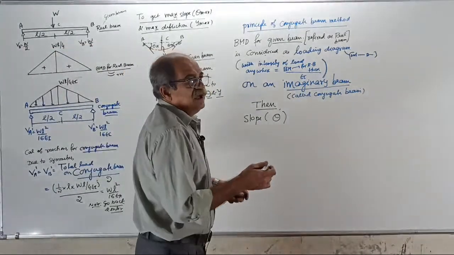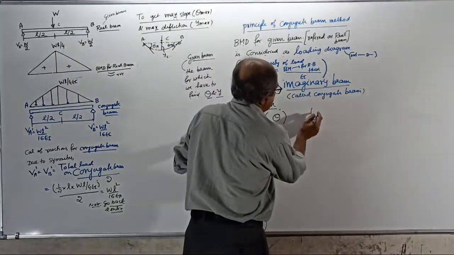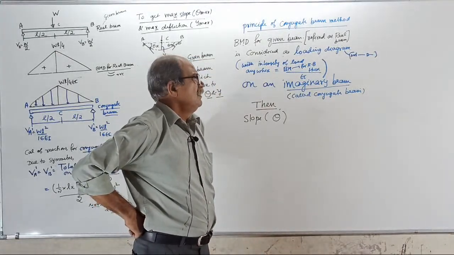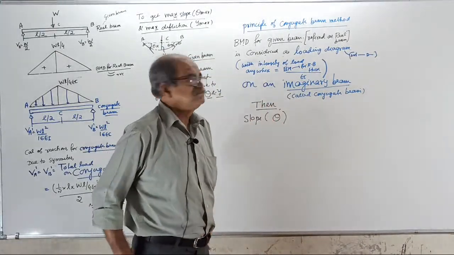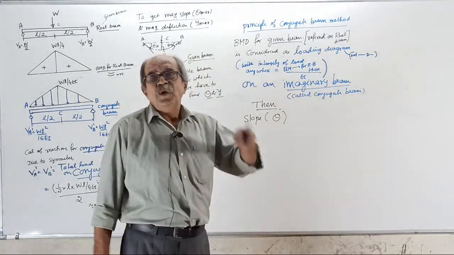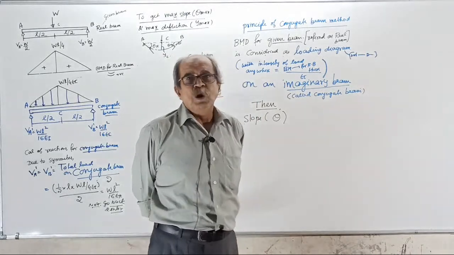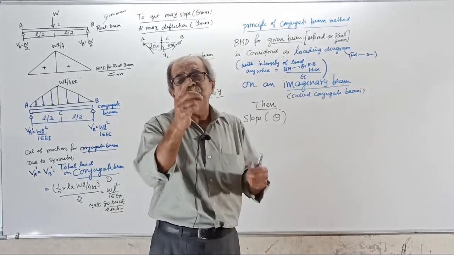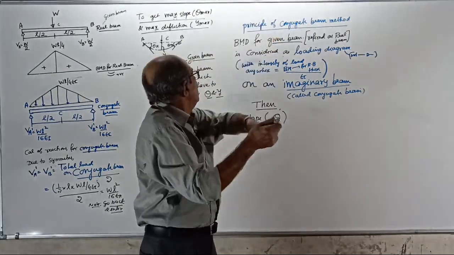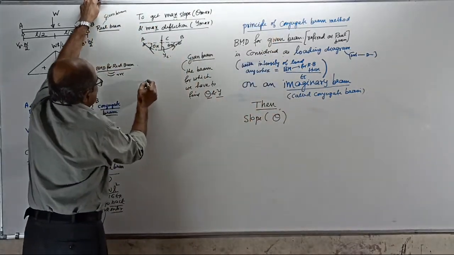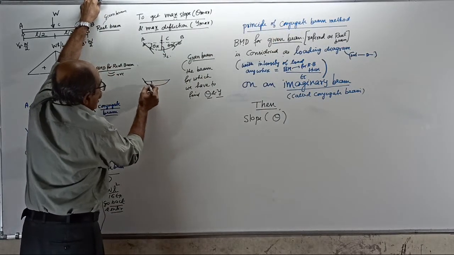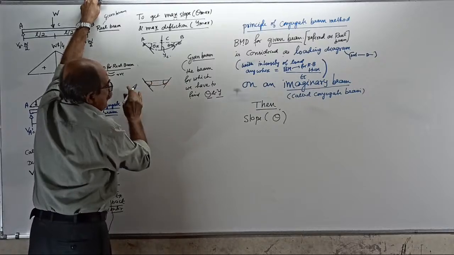Slope theta. In the moment area method, you decide slope by the tangent drawn.